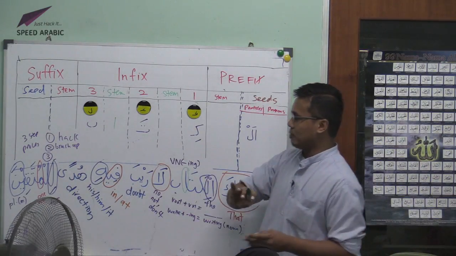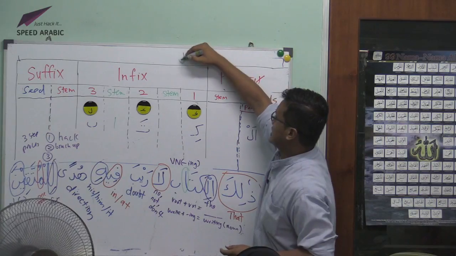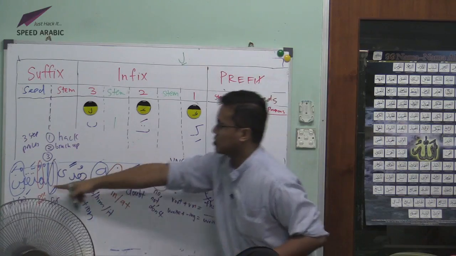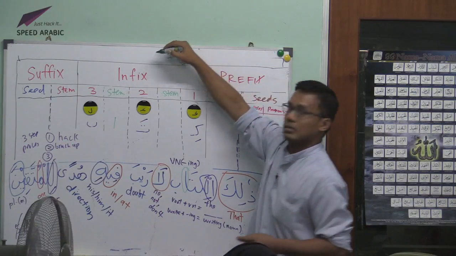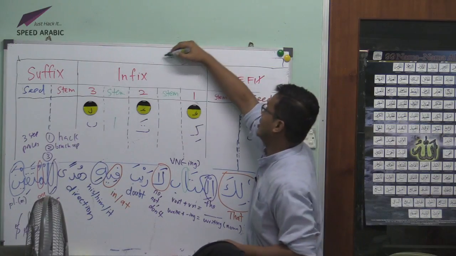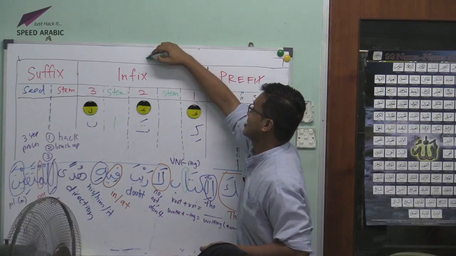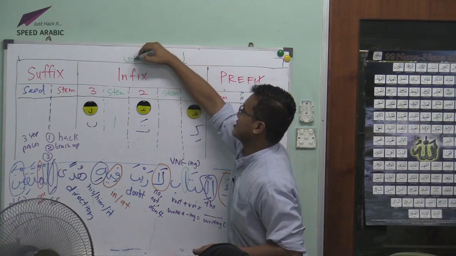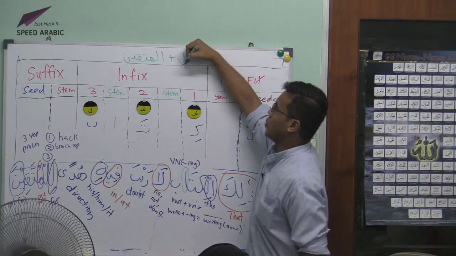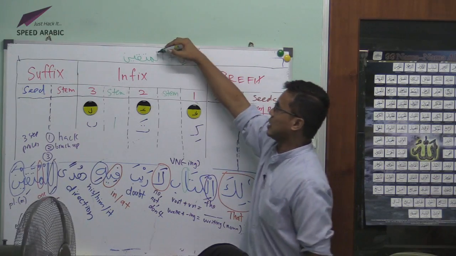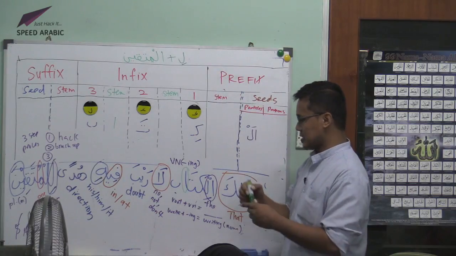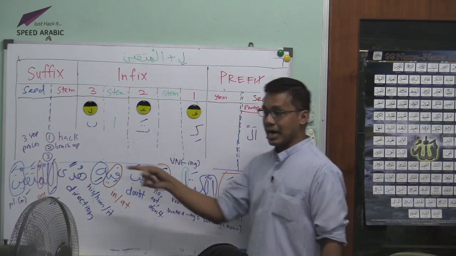Now I want to tell you something. This Li, Lil Muttaqin is actually Al. It's actually Al. So when it connects, it becomes Lil Muttaqin. Then the alif is out. So that means there is an Al there.